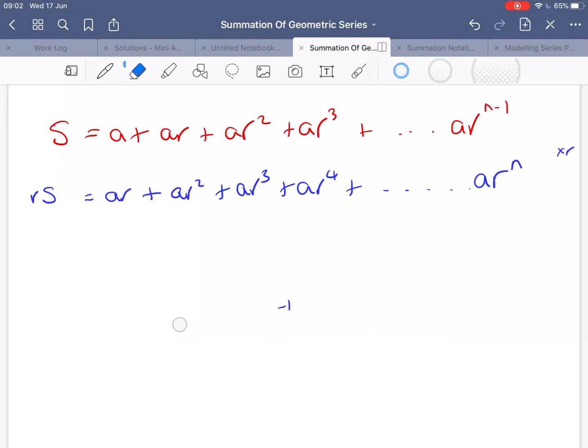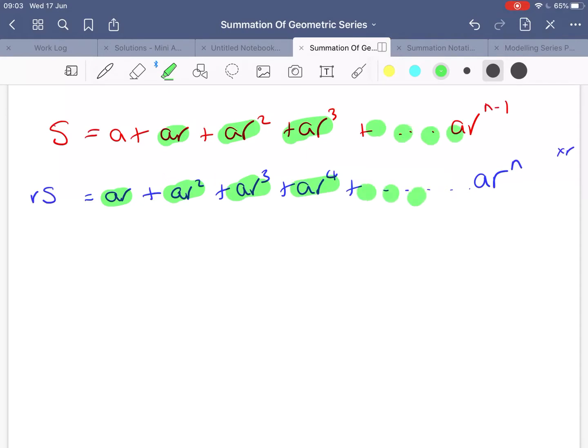Okay? And then we do something that's a bit clever, because I notice that there's a lot of common terms here, because I've got AR in both of them, AR squared, AR cubed. This would be the same as this, and all the way up. And the second to last term here would be the same as this term here. So there's a lot of terms in common. So what we decide to do is subtract.